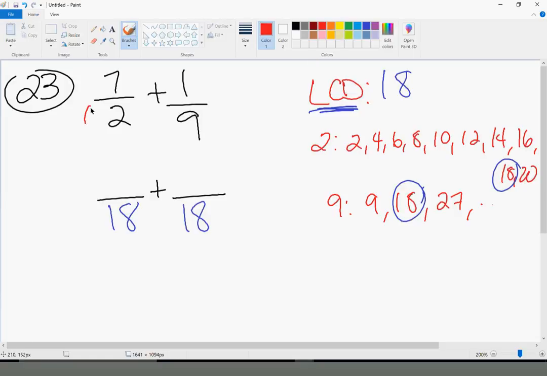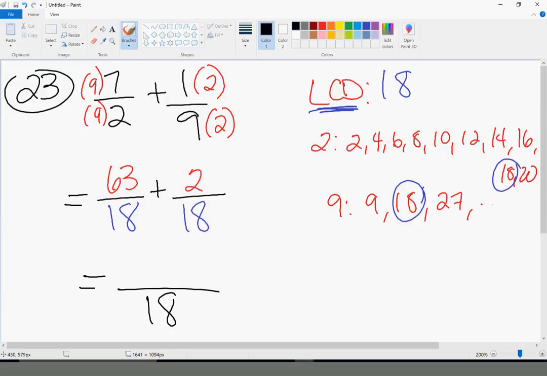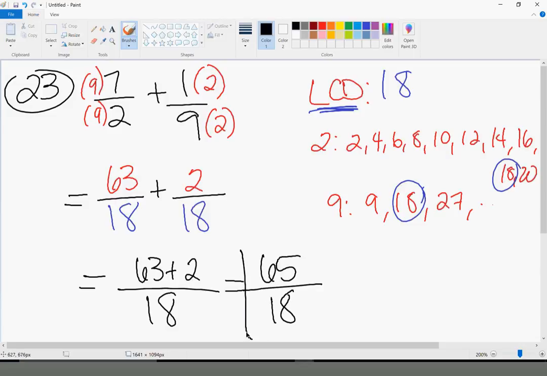So 2 times 9 gives me 18, so I have to multiply the top by 9 as well. So 9 times 7 is 63. And then 9 times 2 is 18, so I have to multiply the top by 2 as well, and 1 times 2 is 2. So now that I have those common denominators, I'm going to keep that denominator and then combine the top, 63 plus 2, which is 65, so I have 65 over 18.